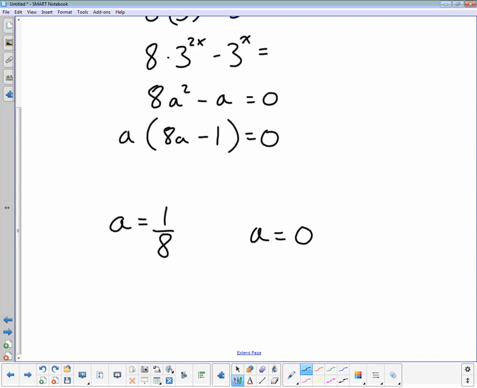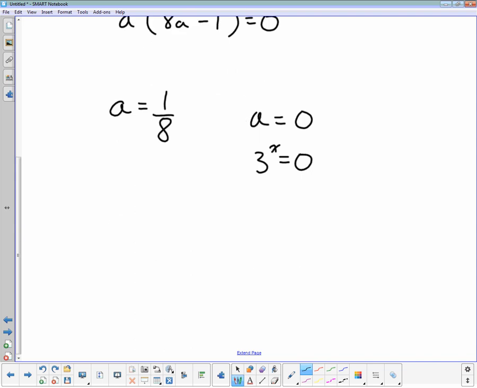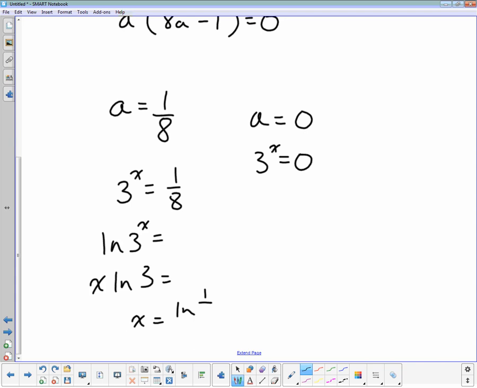And now resubstituting, and so, and that's approximately negative 1.8. 8 what? 8, 9?